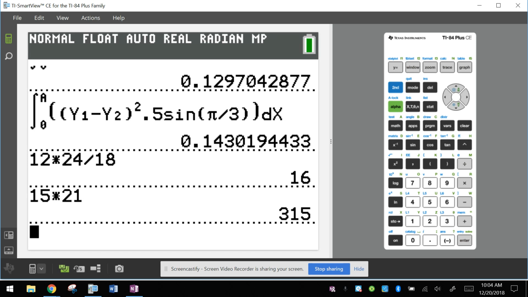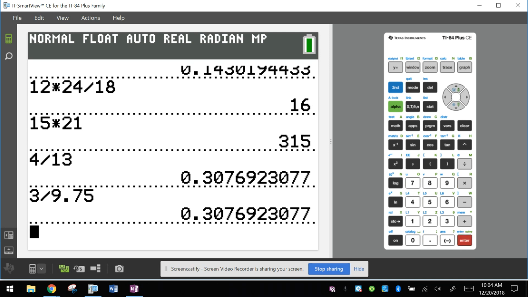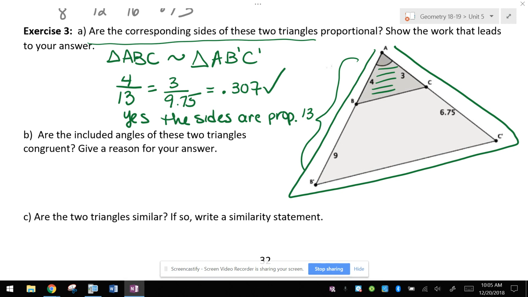Okay, so 4 to 13 and 3 to 9.75. Look at that, they are the same. Cool. So 0.307. I'm going to come back here and say, yeah, these both equal 0.307. So yes, the sides are proportional. Now notice this is just SS, so I don't have SSS similarity. I only have 2.